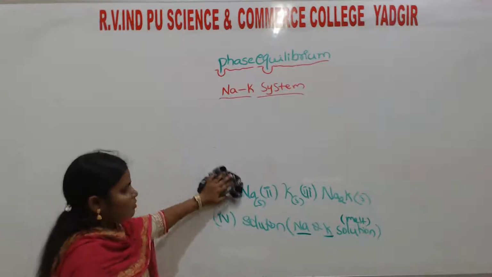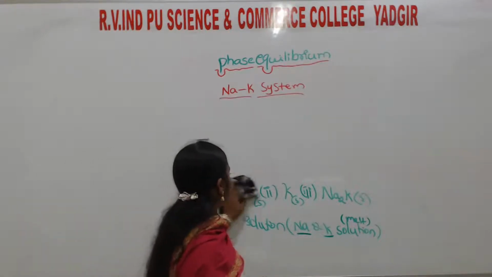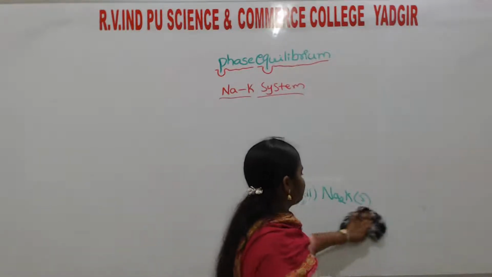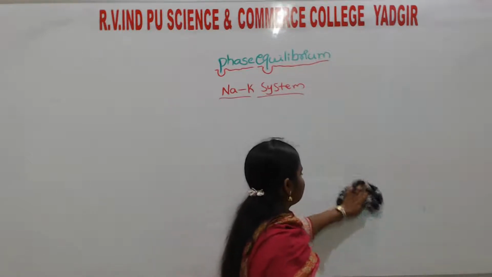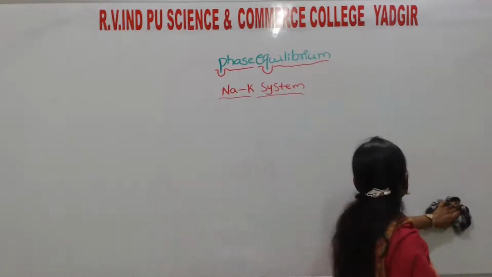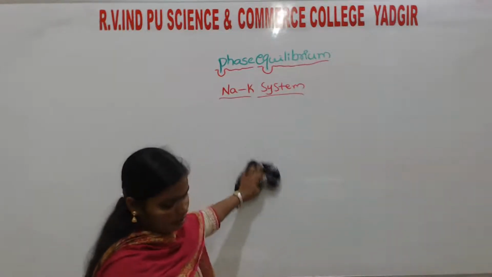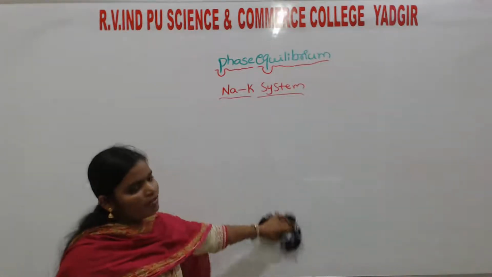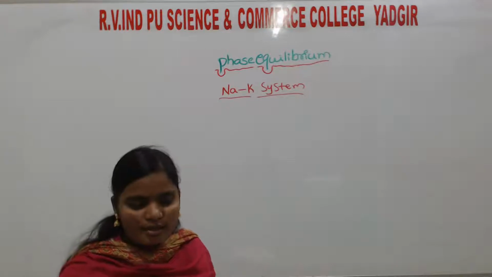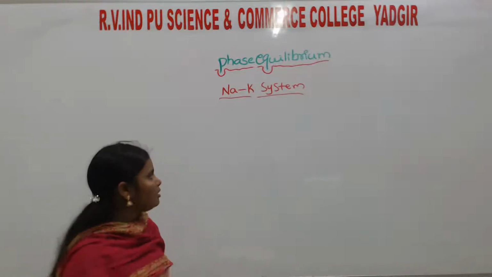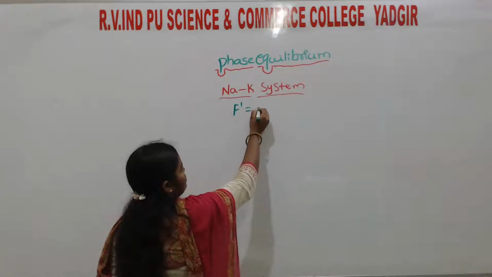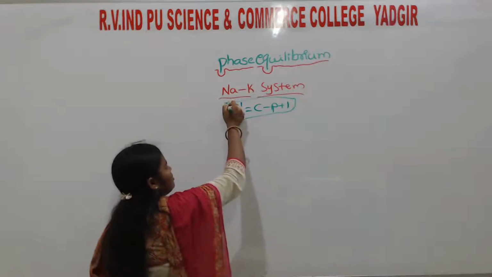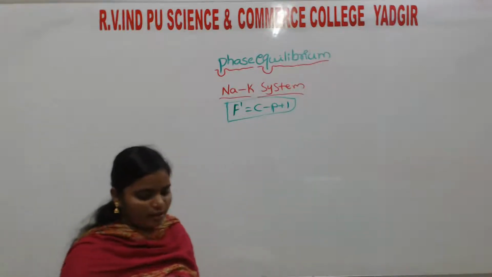Only 4 phases are present; the vapor is negligible in this system. The reduced phase rule equation is F' = C - P + 1, used for a two component system.